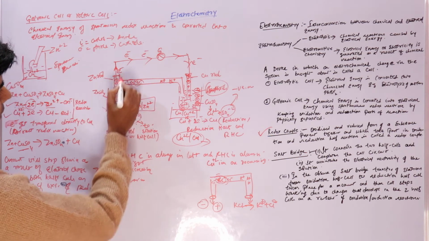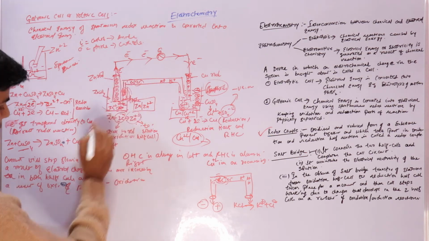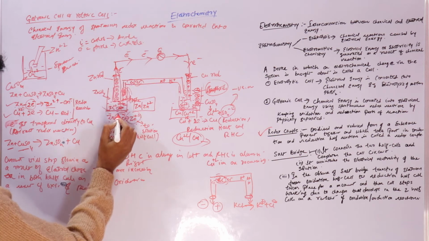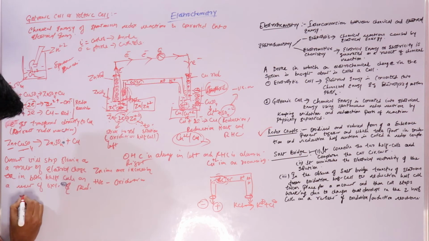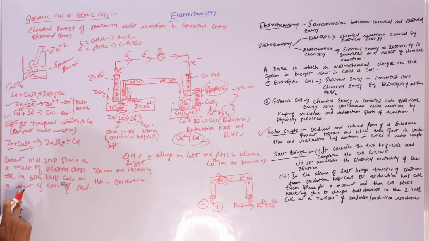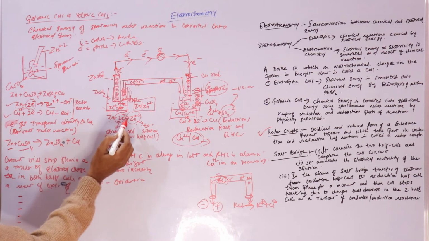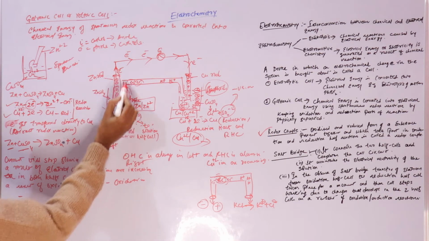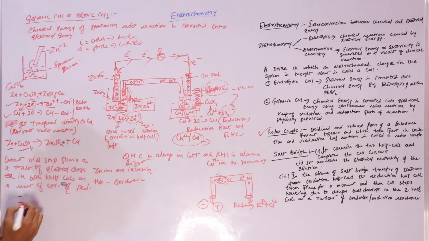Since this is a zinc rod, it has a negative charge on it due to this oxidation reaction, right? We have negative charge on this zinc rod due to the oxidation reaction. These electrons got deposited on this rod, right?